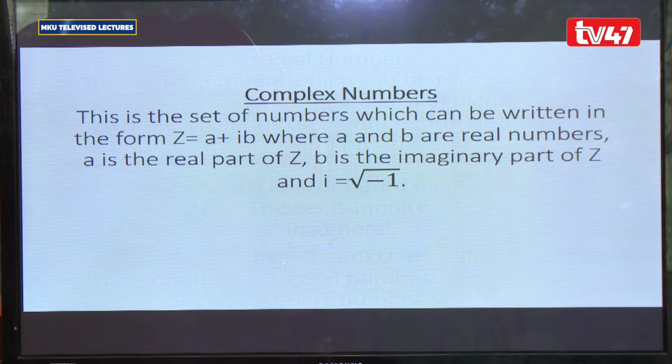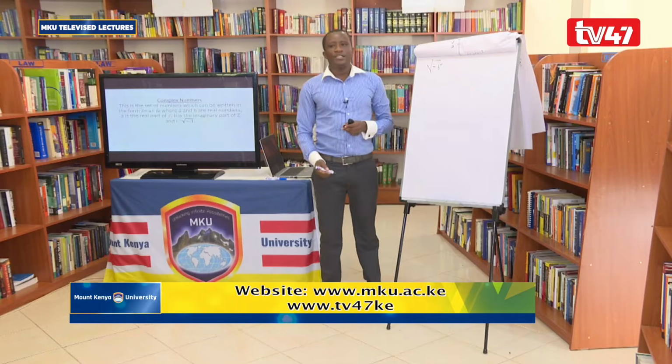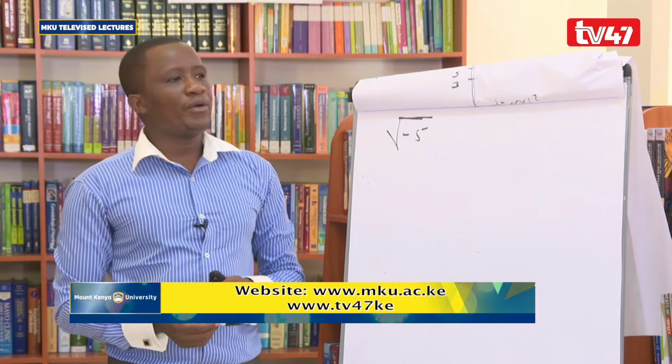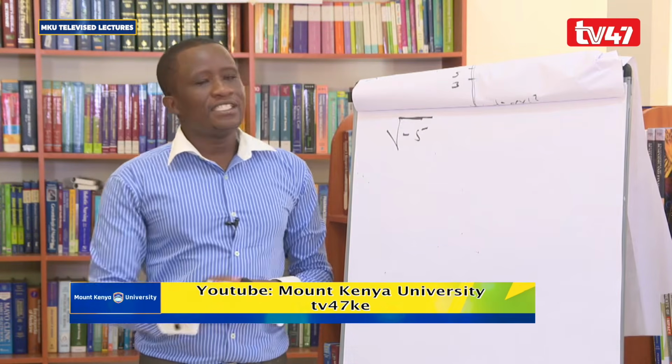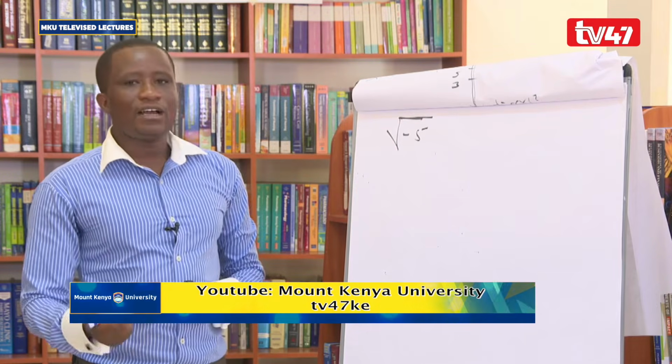Then we can look at complex numbers. At times, you have to work with numbers in mathematics that form the set we call complex. For instance, look at the square root of a negative number, say negative 5. It is not possible to evaluate the square root of a negative number, but it is possible to represent this number such that it has a real part and a complex part.